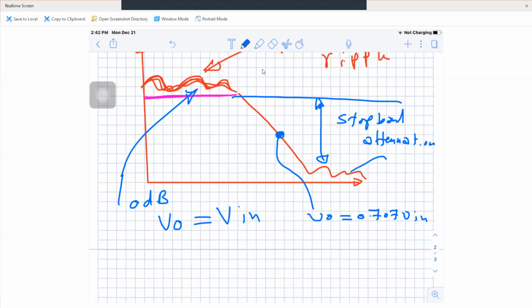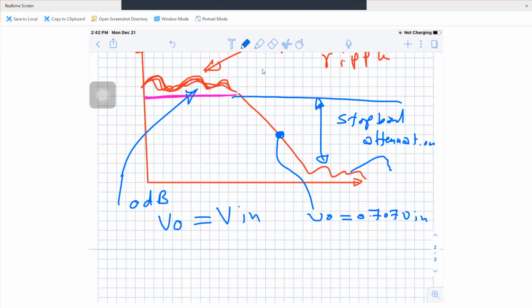Another one may ask about the relationship between V out and V in in the stop band region. Of course, it depends upon, for example, the stop band attenuation in dB. Say we have 20 dB, 10 dB, 30 dB, and so on.